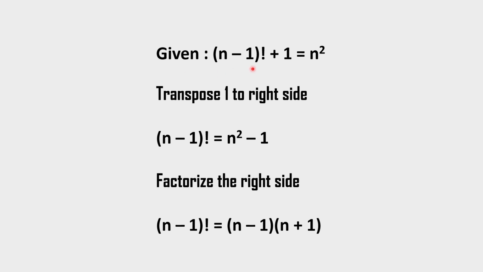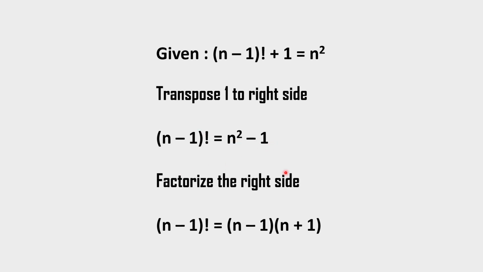So the equation given is (n minus 1) factorial plus 1 equal to n squared. Transpose this 1 to the right side, so we get (n minus 1) factorial is n squared minus 1.